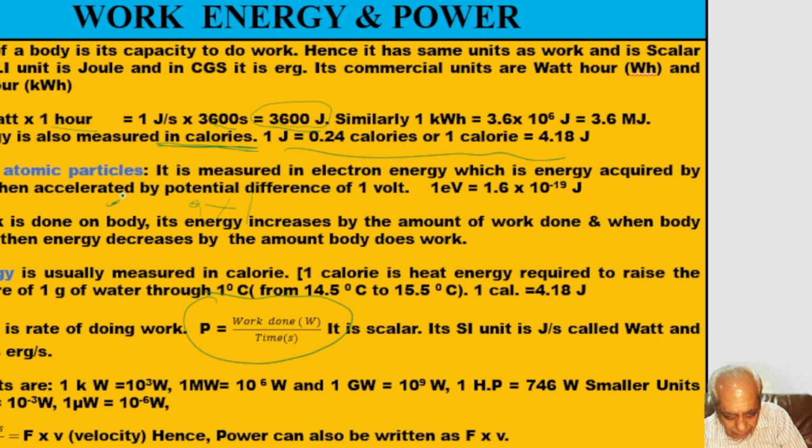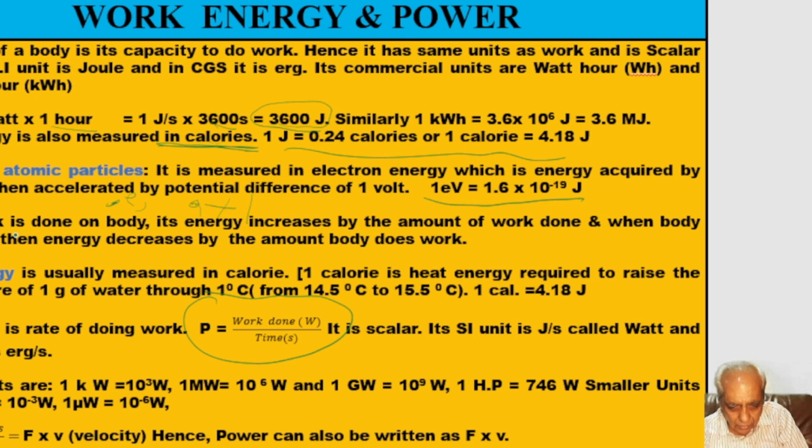When it moves towards it, it gains velocity, so it has gained kinetic energy. We will be learning about kinetic energy now. So 1 electron volt is the energy gained by an electron when it is accelerated by a potential difference of 1 volt. Is it all right? And the conversion you should learn: 1 electron volt is 1.6 times 10 to the minus 19 joule. We will learn how to derive this when we learn modern physics.